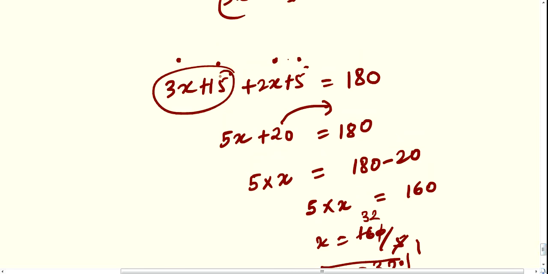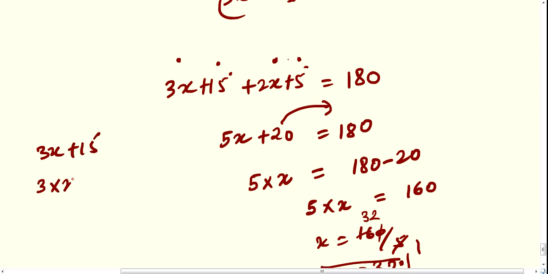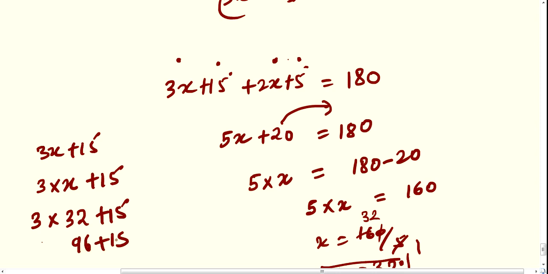Now we will find the angles. The first angle is 3x plus 15, which can be written as 3 into x plus 15. So 3 into 32 plus 15: 32 into 3 is 96, plus 15 is 111 degrees.